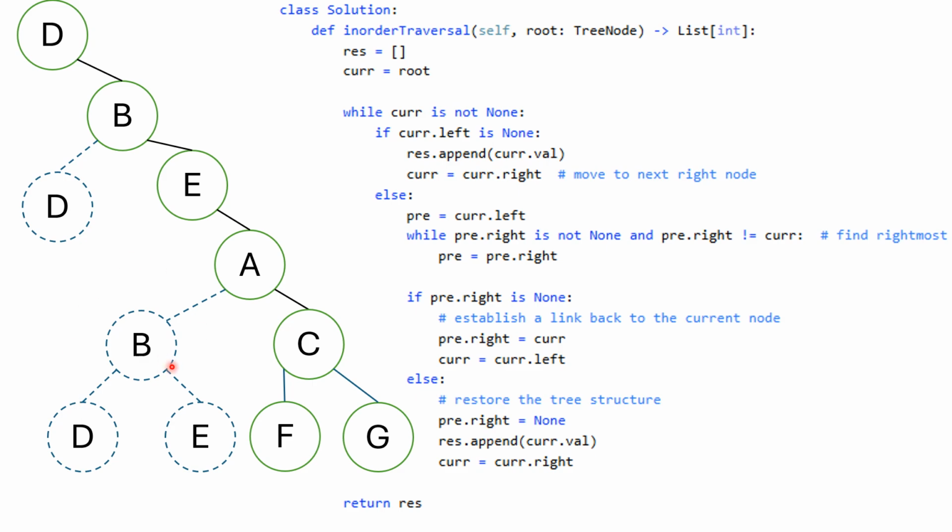A.left is still B, and B.left is still D, and it's sort of forming a loop. D will point to B, B will point back to D, and for this one as well, E will point to A, and A will go back to B. It's sort of like a loop here, and it's important for the next part, which I'm going to explain right now.